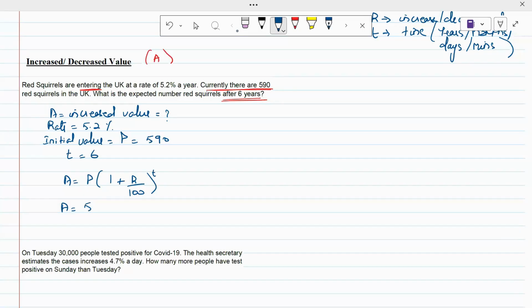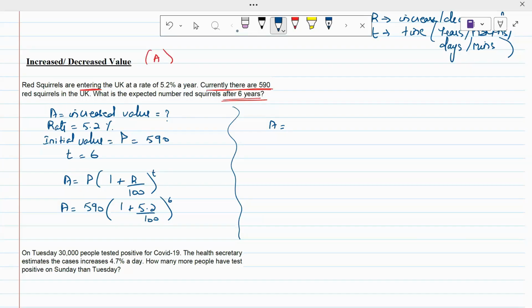P is 590 into 1 plus the rate, that is 5.2 upon 100, whole power 6. Using the calculator, we have 5.2 divided by 100 plus 1, raised to the power 6, multiplied by 590.